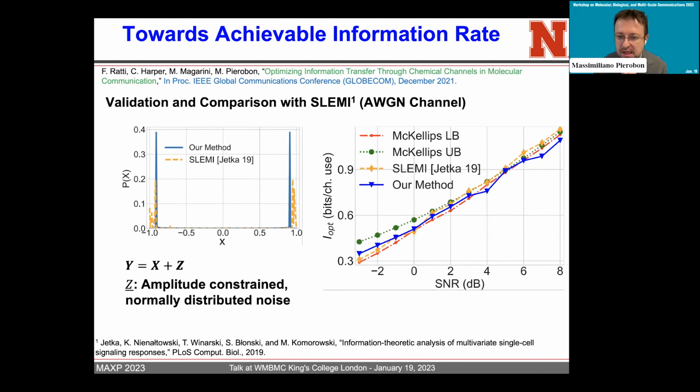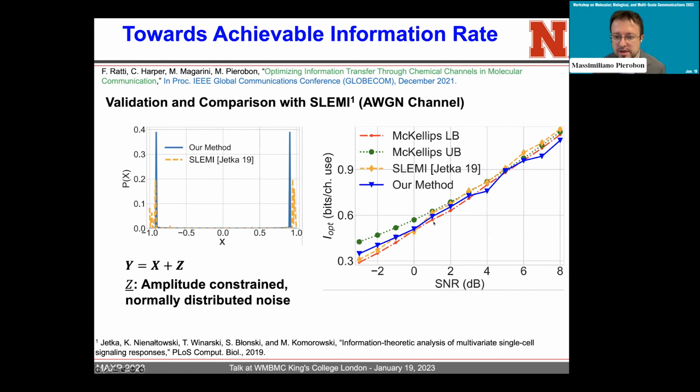What we found out is that our method is a little bit better than SLEMI to estimate, especially at low SNR, the achievable information rate of this type of channel. And it's well within the two well-known McKellips lower and upper bounds.